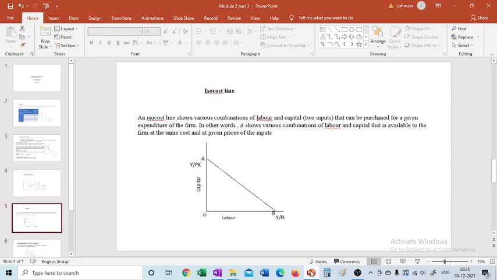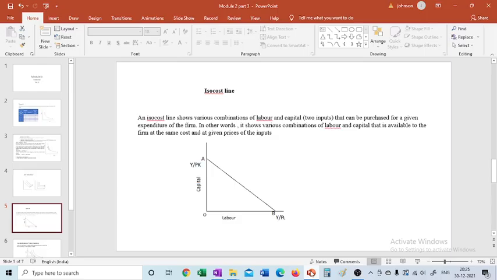Next, we will study an iso-cost line. What is an iso-cost line? An iso-cost line shows various combinations of labor and capital, or two inputs, that can be purchased for a given expenditure of the firm.